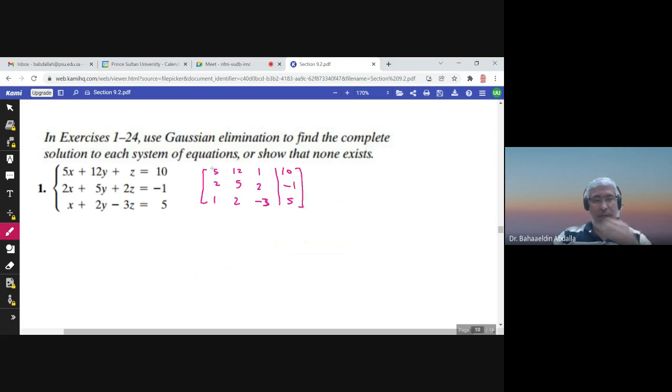We need this number to be 1, so I will interchange row 1 with row 3. Row 2 will remain the same, and row 1 would be here.